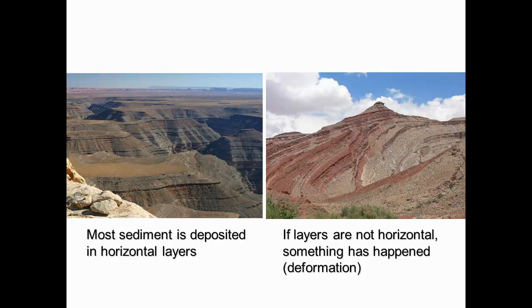So if the layers are not horizontal, something must have happened to these rocks after original deposition and lithification to sedimentary rocks. Okay? Everybody see this? So in this case, the folding had to have occurred after deposition and formation of the original sedimentary rock layers.